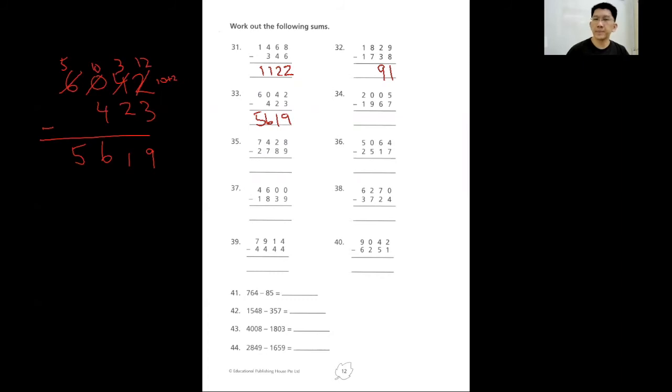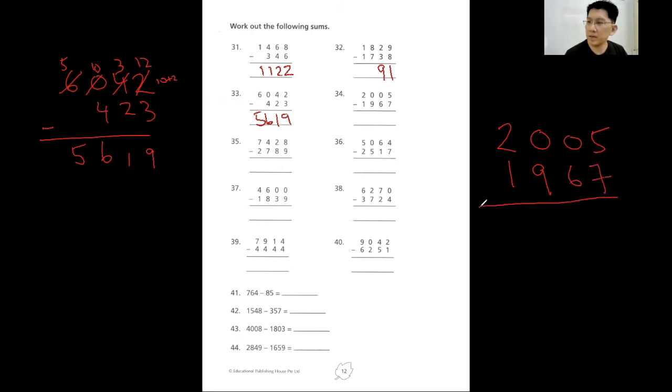Okay. Let's work on number 34 now. Number 34 is 2,005 minus 1,967.